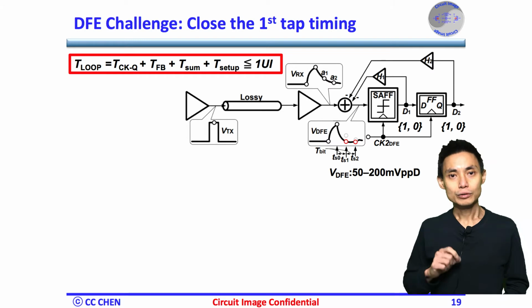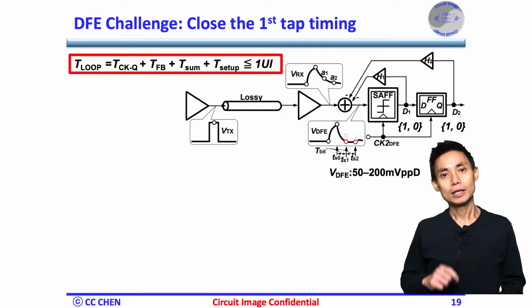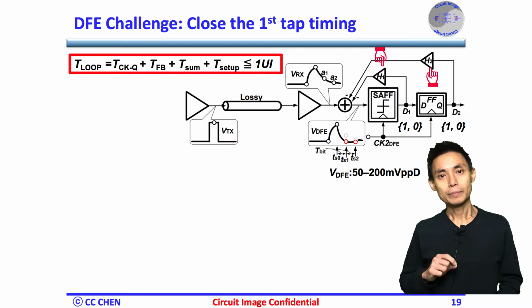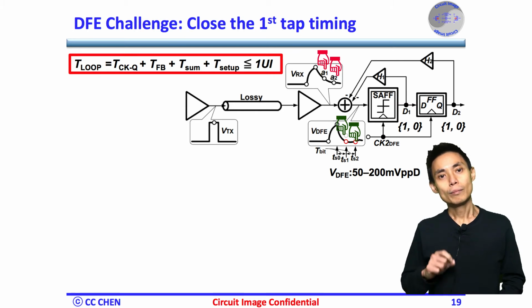Let's revisit the DFE challenge of closing the first tap timing in one UI. As we know, the whole loop delay includes the sampler's clock-to-Q delay, feedback path delay, summing node's sampling time, and sampler setup time. Take the 2-tap DFE as an example and assume the channel may only have 2 postcursors. To get rid of the 2 postcursors, both taps must meet the timing.